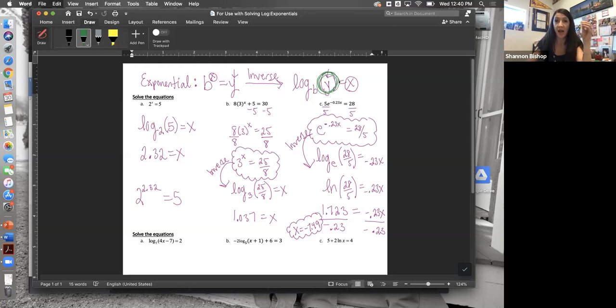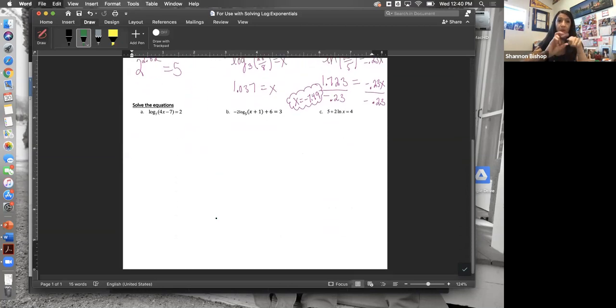No, that thing inside of the log represents the answer of the exponential that you're trying to accomplish. So you cannot just start haphazardly moving stuff around if it's a logarithmic equation.